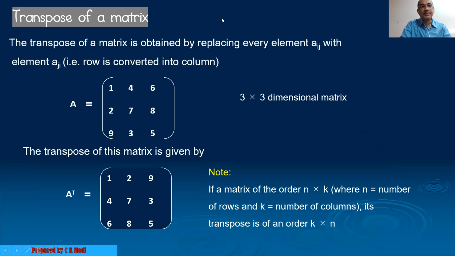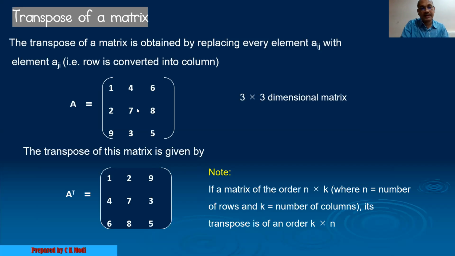Now, transpose of a matrix. What do we mean by the transpose of a matrix? Suppose you are given a matrix A where the values are 1, 4, 6, 2, 7, 8, and 9, 3, 5. If I carry out the transpose operation, what should be the result?